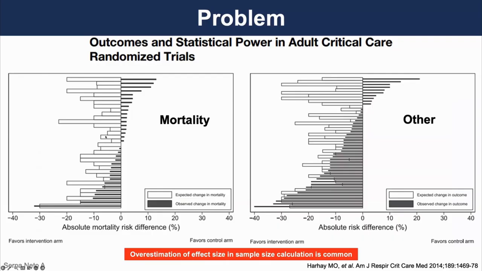So you can see here there's a huge discrepancy between the expected change and the observed change. It's less bad when other outcomes are used. If the outcome is not mortality, sometimes we can have a good match between the expected and the observed outcome, but with mortality we are usually very bad at predicting the effect.